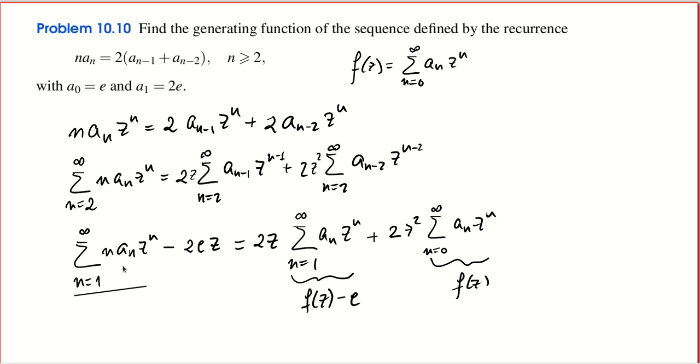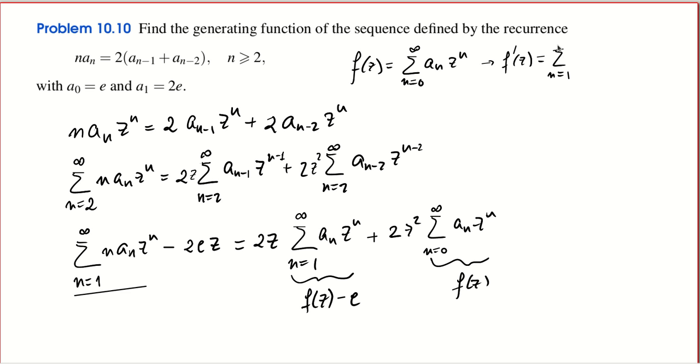And now we have this one here, which we have to interpret. If we didn't have this n here, that would be the normal generating function. But there's an n. How do we get an n here? Well, the easiest way is to take a derivative of the function f. Of course, the term n equal to 0 is a constant and the derivative makes it 0.